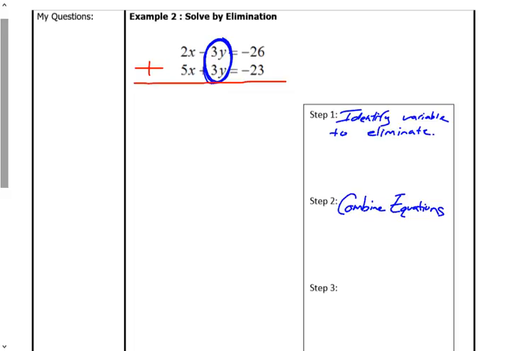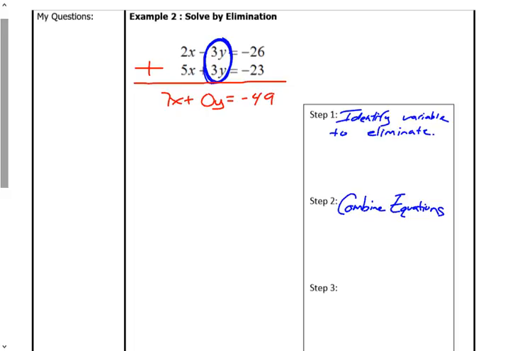So because negative 3 plus 3 will give me 0 y, I'm going to add. If it was 3 minus 3, I'd have to subtract. The rest of these we'll just solve normal. 2 plus 5 is 7. And negative 26 plus negative 23 is going to give me negative 49.